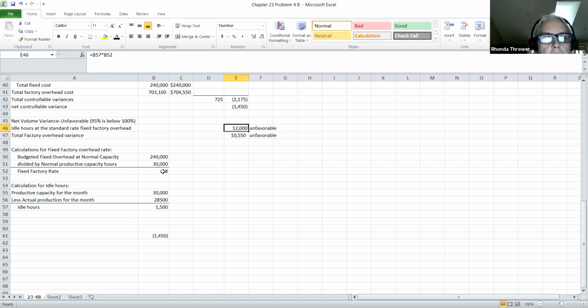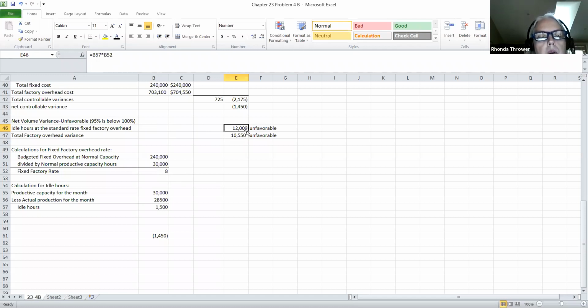So $8 times the idle hours of 1,500 is how they come up with this $12,000 unfavorable variance. And again, it's unfavorable because we operated below capacity. If we had operated at 110%, then that would be above capacity, and this would have changed to a favorable amount here.